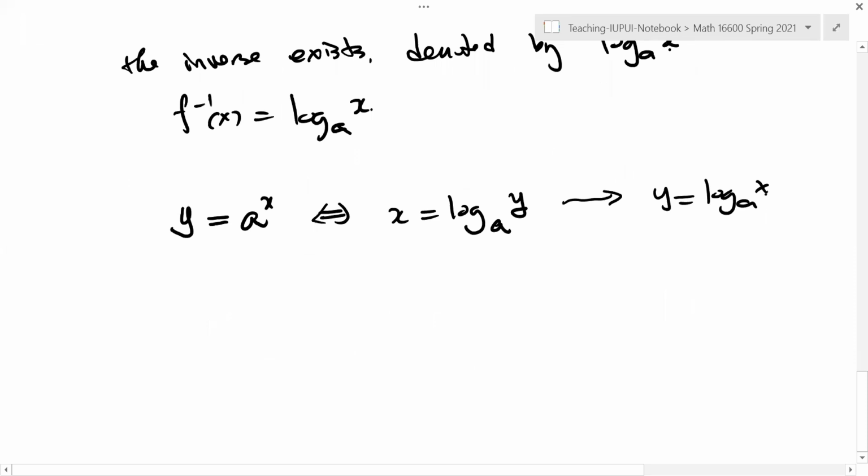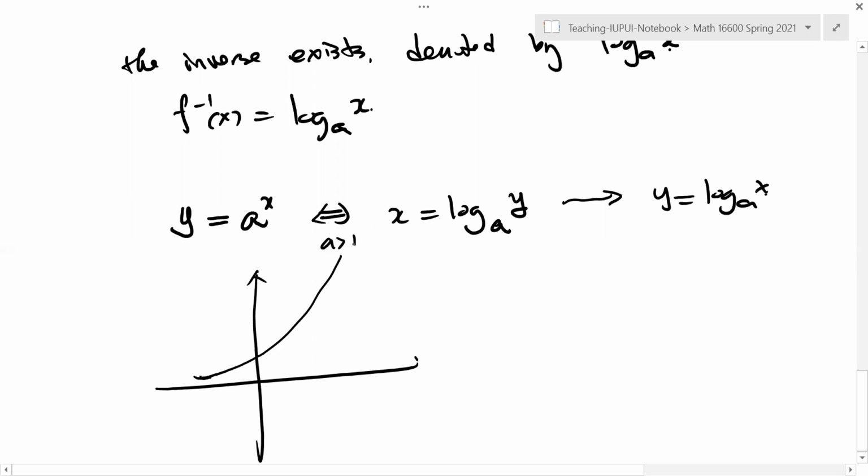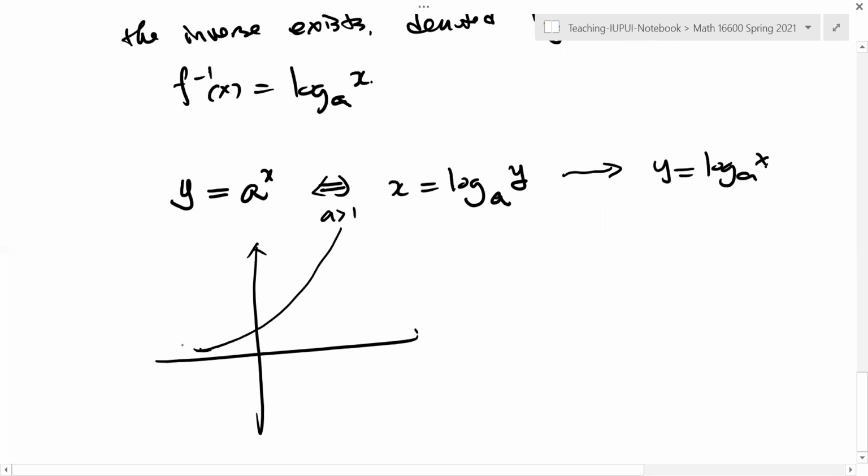All right. Now, how do we draw the graph of that function? Those two equations are equivalent: y equals a to the x is the same as x equals log of y with base a. In the case a is greater than 1, let's give an example. This is the graph of y equals a to the x.